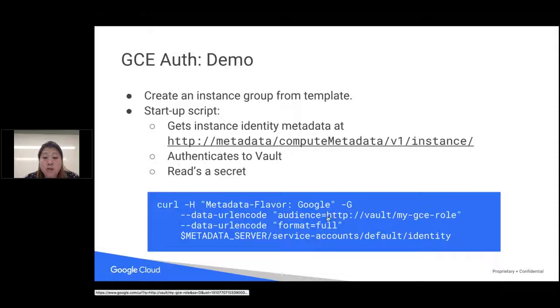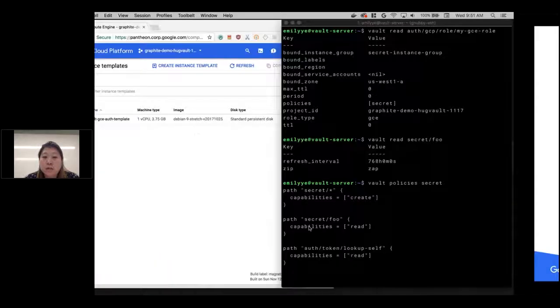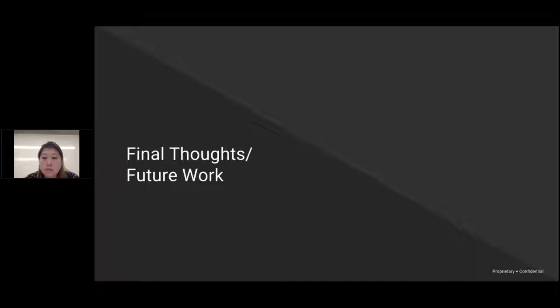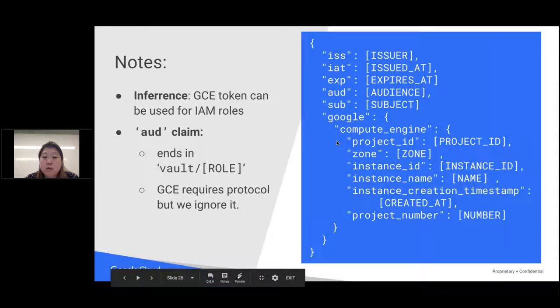You can see my audience. I have this fake protocol at the beginning, and then the Vault and whatever role I'm authenticating as, and then the format. This is required to actually get the information about this Google Compute Engine part of the token.